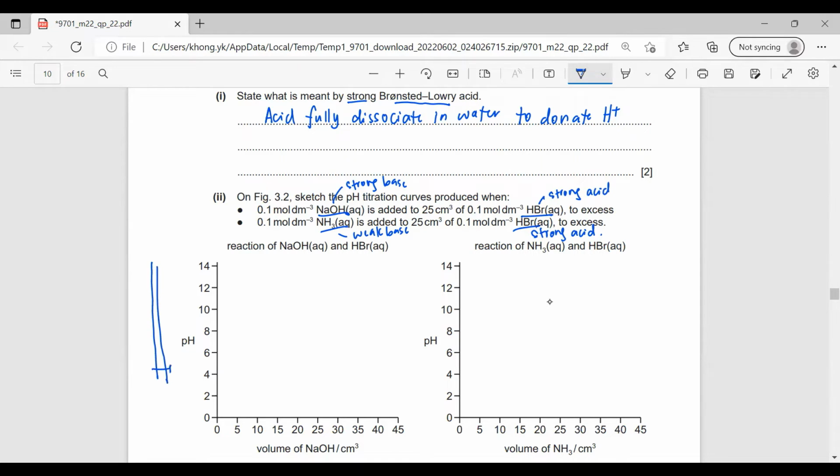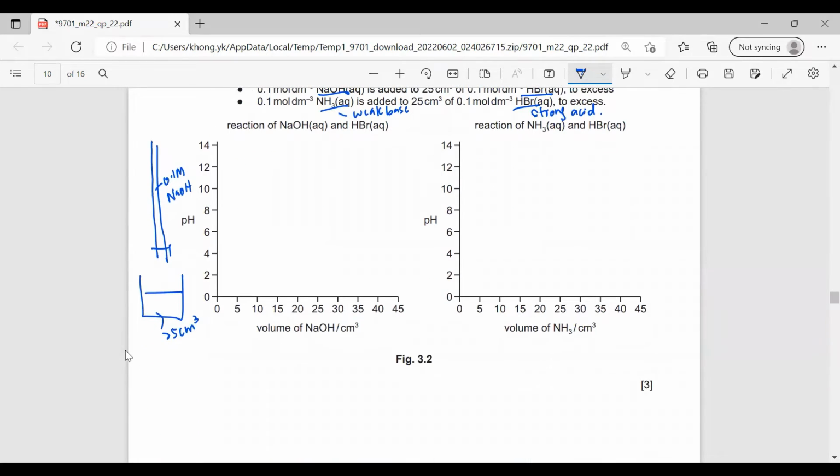So imagine that we add it through a burette. So 0.1 M NaOH, and we add it to 25 cm³ of HBr of concentration 0.1 M. Now, to complete the titration curve, you need a few points. The first one, we need to put in the initial pH.